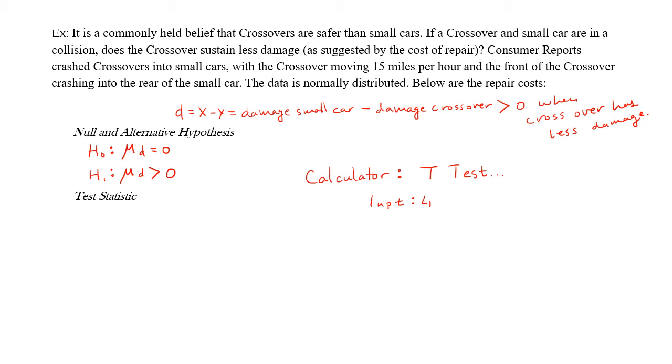And then, of course, the frequency would be 1. Oh, and we don't want to forget our null hypothesis is 0 in this case. So for mu naught, make sure you enter 0. And for the form of the alternative hypothesis, we'll do greater than mu naught. So mu is greater than mu naught, since it's greater than 0 here.